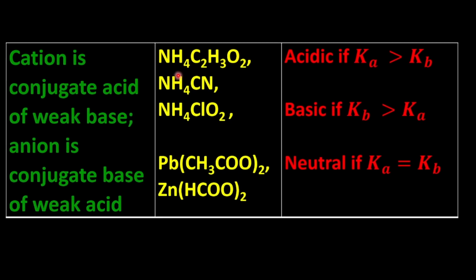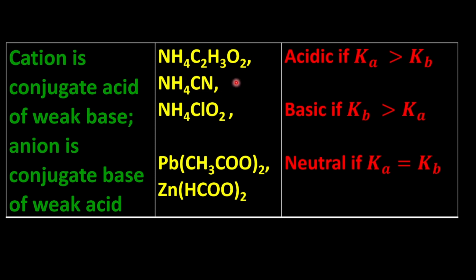Also, the cation is the conjugate acid of a weak base and the anion is the conjugate base of a weak acid. How do we understand this? So looking at what we have here, let's say an ammonium compound combining with CH3COO-, that is what we have here. We have ammonium combining with CN-.